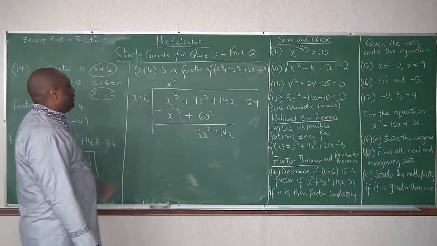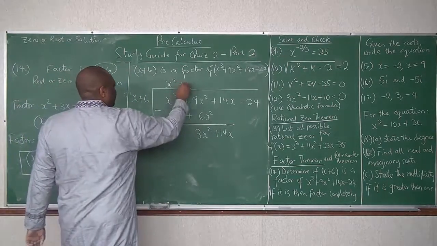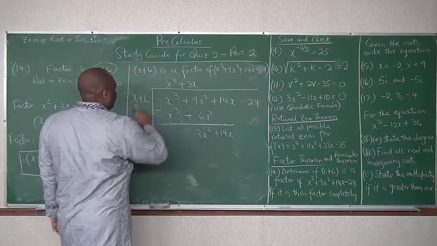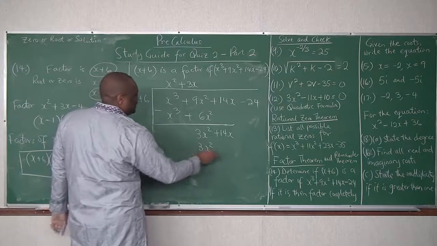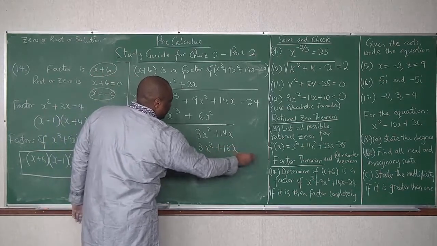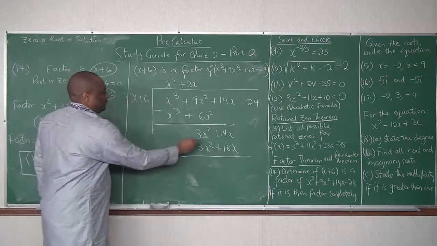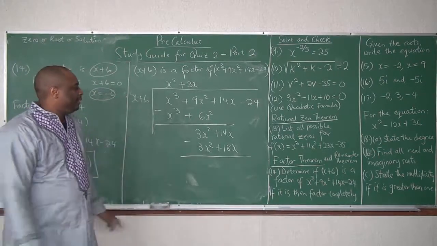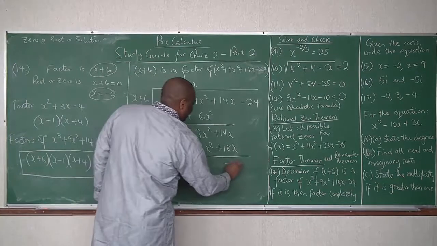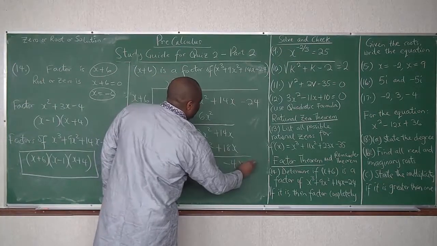Then 3x squared divided by x is plus 3x. 3x times x is 3x squared. Then 3x times 6 is 18x. You subtract. 3x squared minus 3x squared is gone. 14x minus 18x is minus 4x. You bring down minus 24.